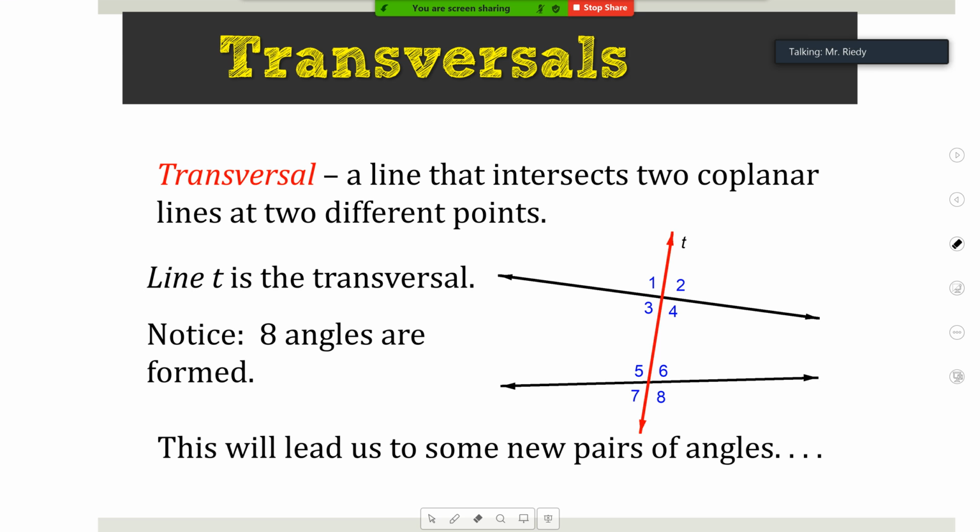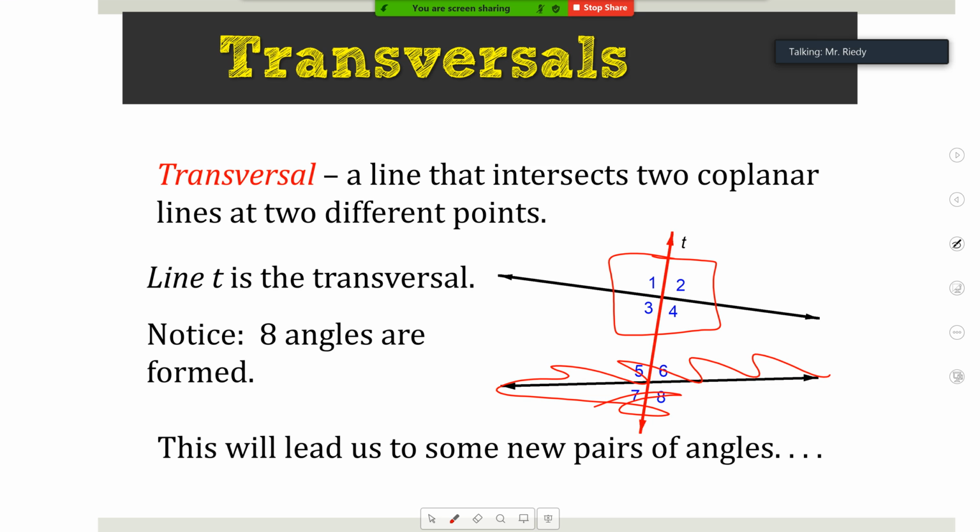Before we move on to anything else, let's just talk about these 4 angles up here. Forget about all this other business down there. We don't care right now. What's the relationship between angle 1 and angle 4, Danny? They're across from each other.